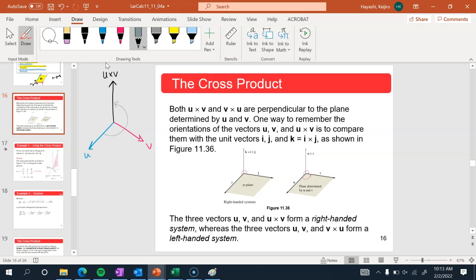If you did it the other way around, yeah, that's all you need to remember. Here's a drawing of a right hand.